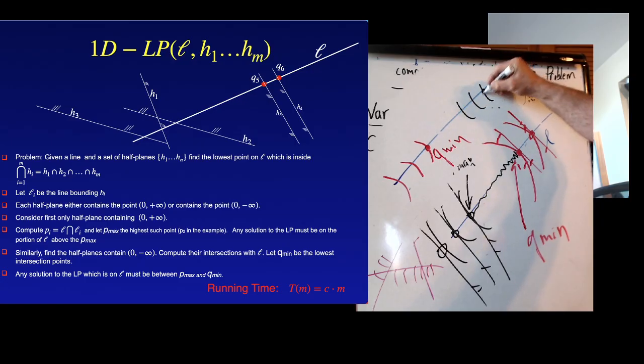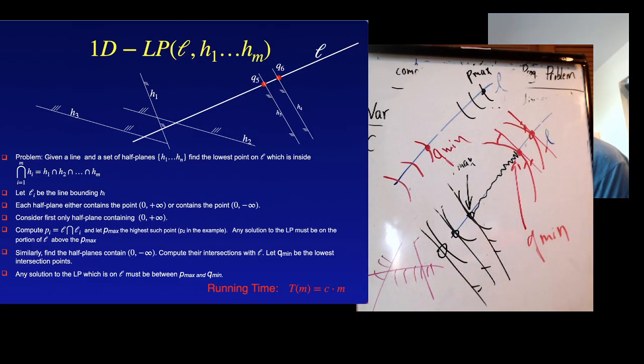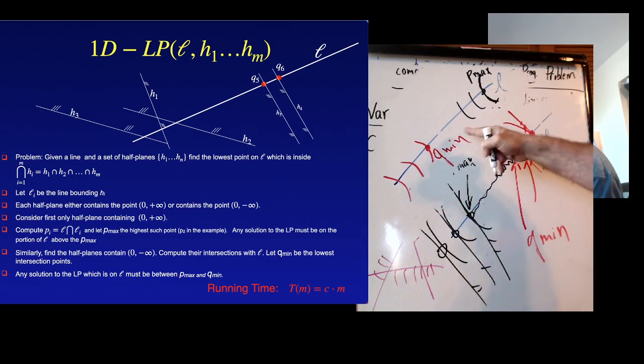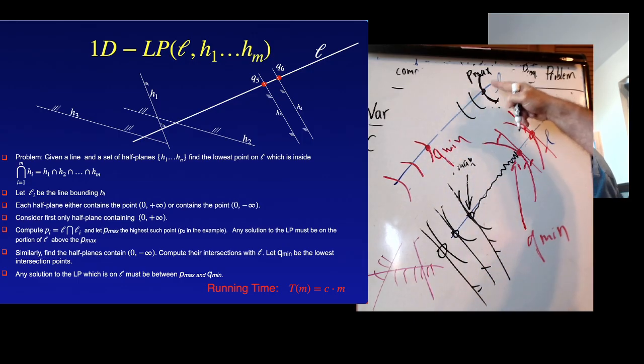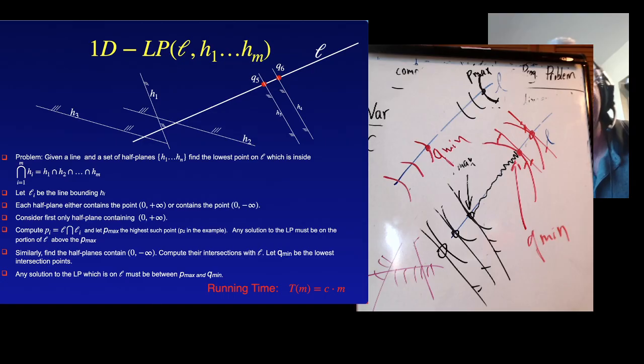Here is P max just as before, P max over here. And what is the feasible region on L? There should be points that are above P max but also below Q min, which tells you that there is no such point. Okay, then the 1D LP should say there is no intersection, nothing common in between.